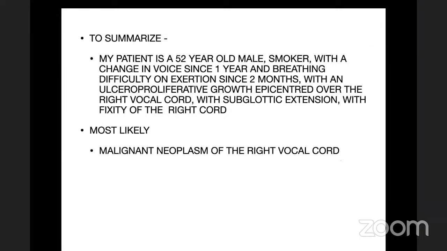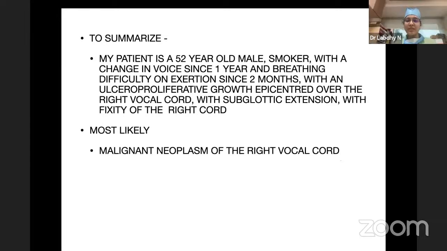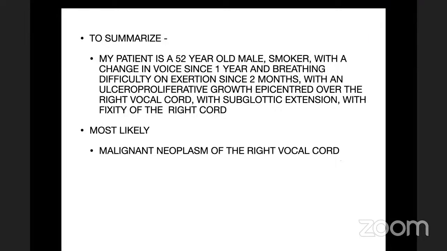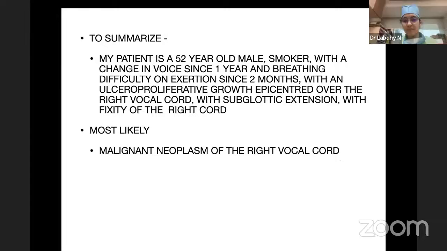And T4B? T4B is when there is advanced disease encasing the carotids, involvement of the prevertebral fascia or extension into the mediastinum. Right. What is a transglottic tumor? A transglottic tumor is when the tumor involves more than one subsite, the supraglottis, the glottis, or with subglottic extension as well.